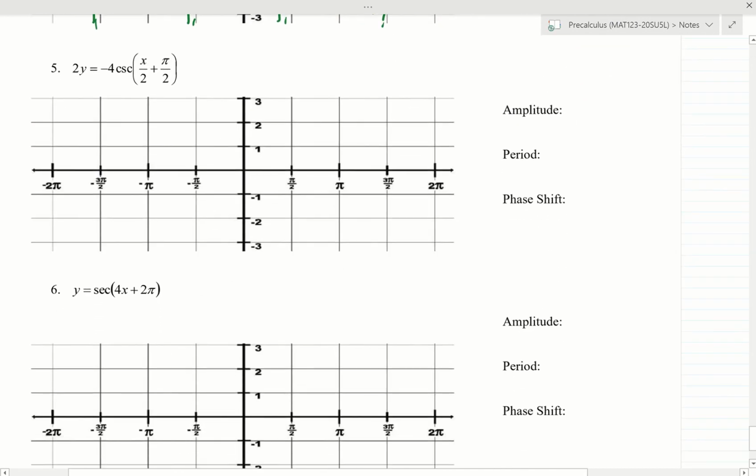Okay, 2 more to go. Now this next one is using cosecant. So we're going to have to do a little bit of work to get started. First thing let's do is let's divide both sides by 2. So we get y is equal to negative 2 times the cosecant of x over 2 plus pi over 2. And then let's factor out the number in front of x.